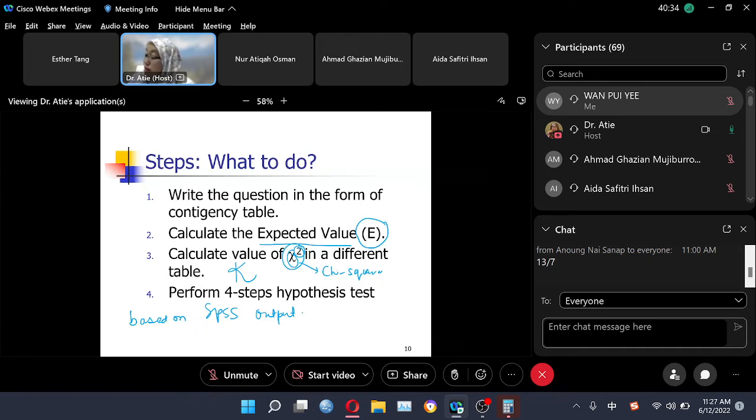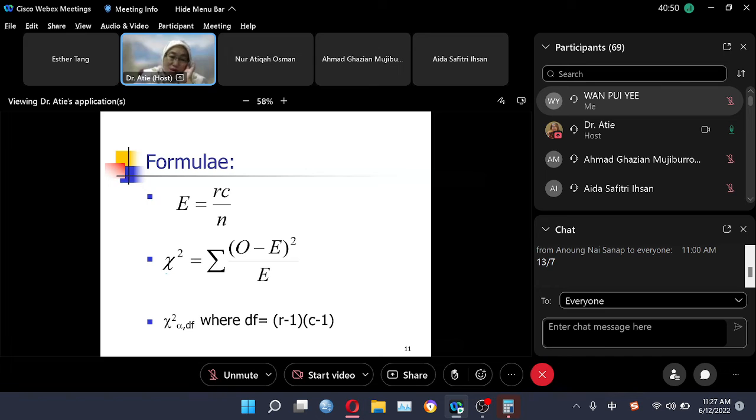You can see this one on page 129. It's already written there. All right. So you just need to understand what is actually shared on that page. Okay, this is the formula that we need to use. I'm going to teach you to calculate manually also. Why?